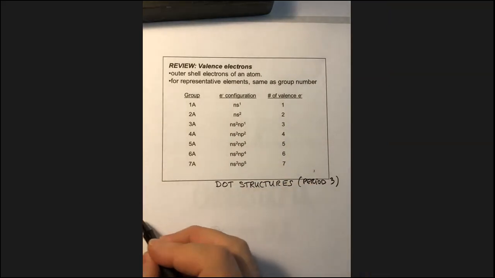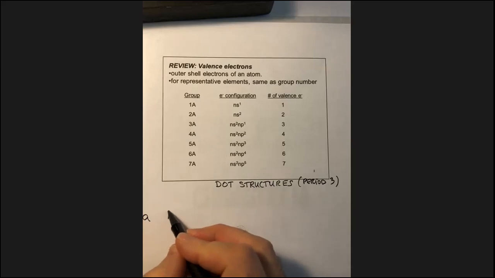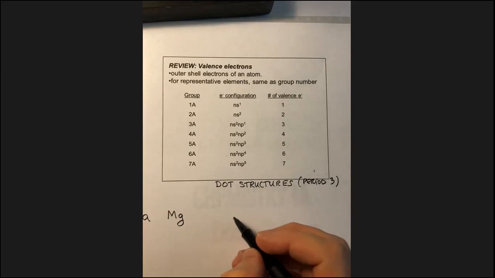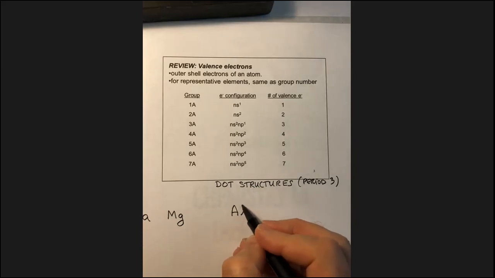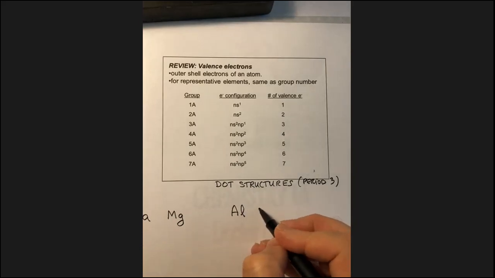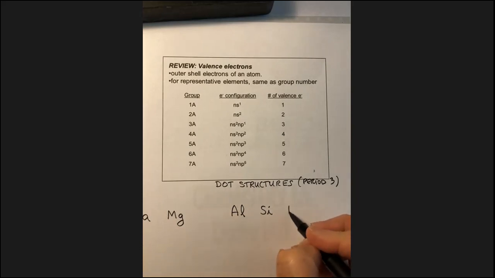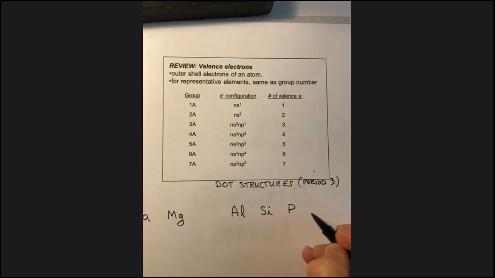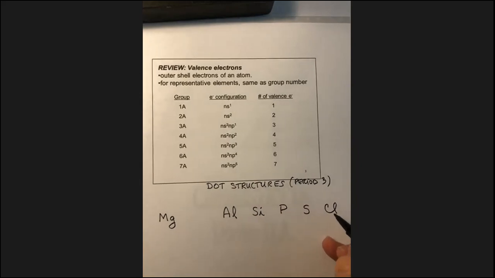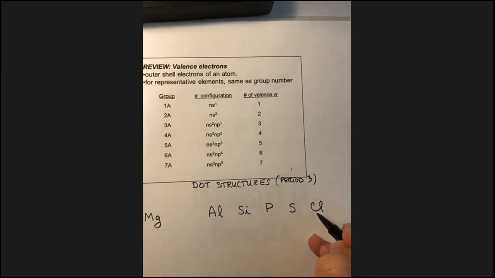So let's see, we would start with sodium, magnesium, and then we would kind of jump over and have aluminum, silicon, phosphorus, sulfur, chlorine. Oops, ran out of space a little bit here. Who comes after that? Period 3.